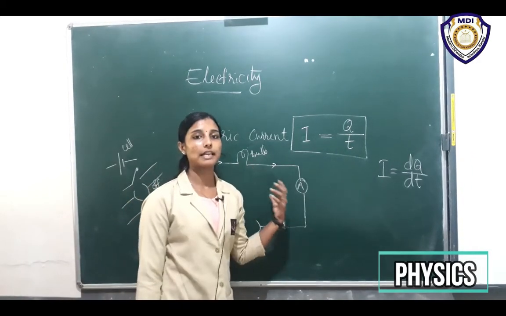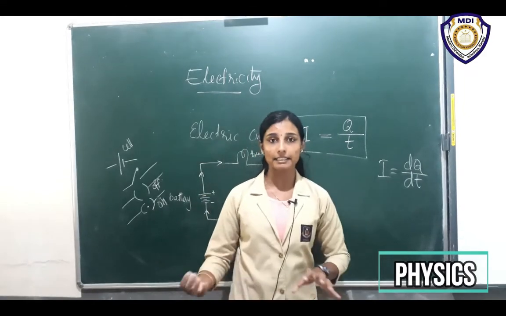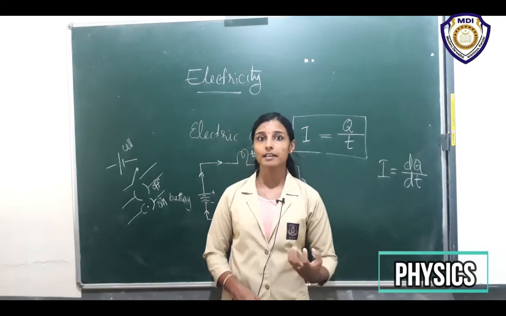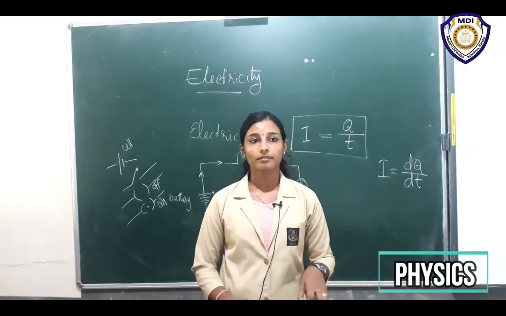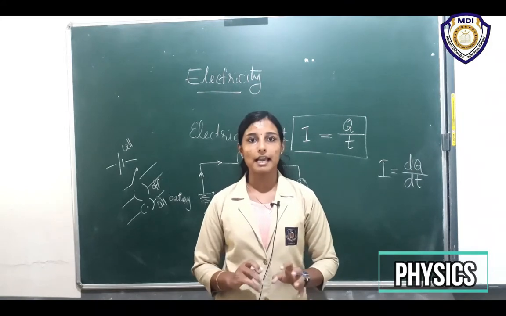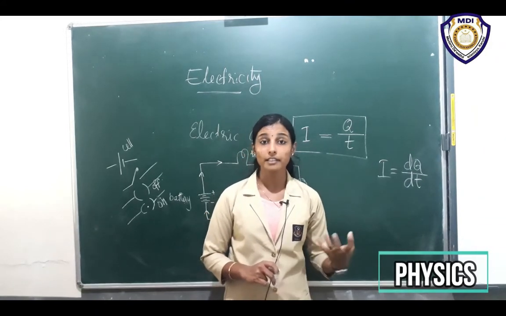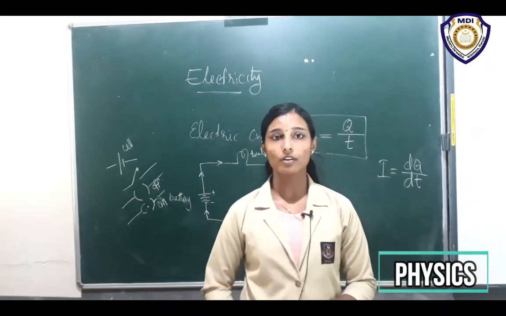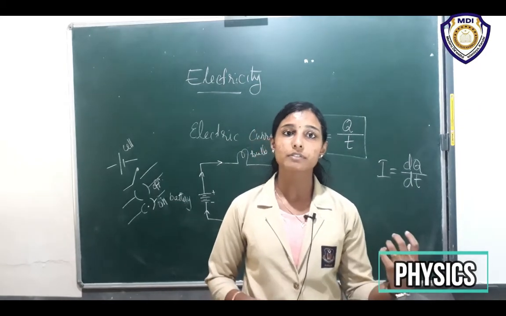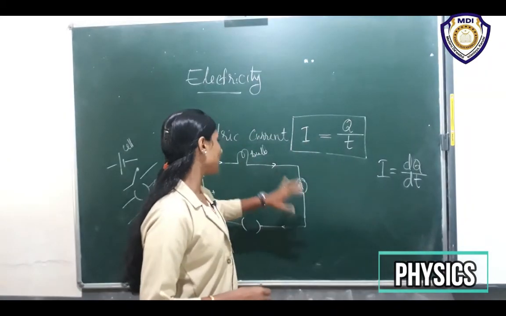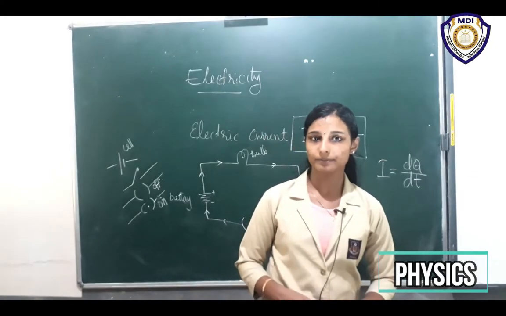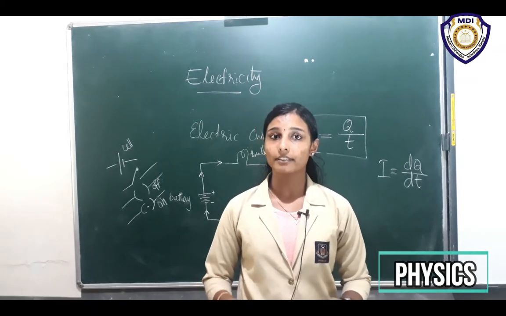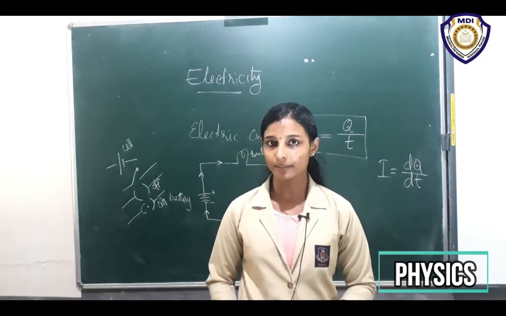Actually the flow of electrons makes current, but when electric current was discovered, electrons were not well known. So they took the direction of current from positive to negative. So that is our conventional current. Everywhere we use conventional current, right?